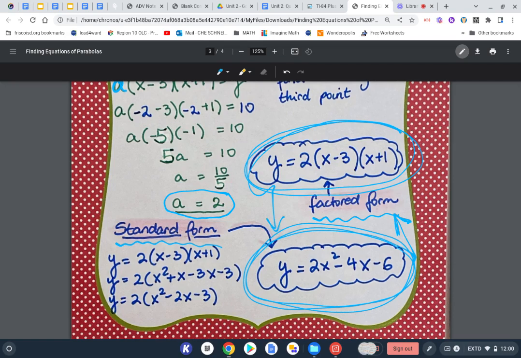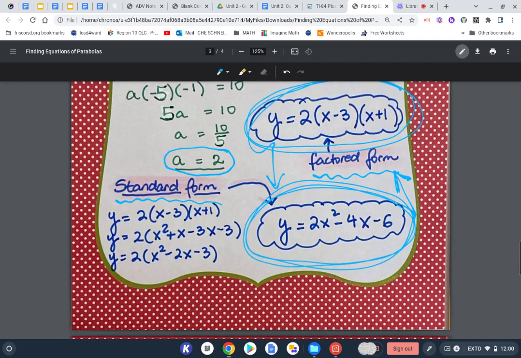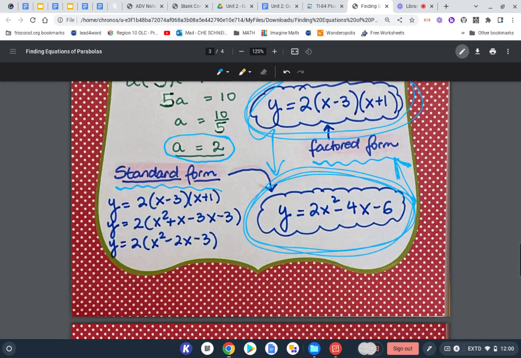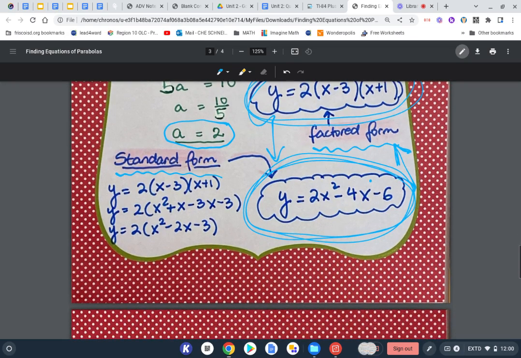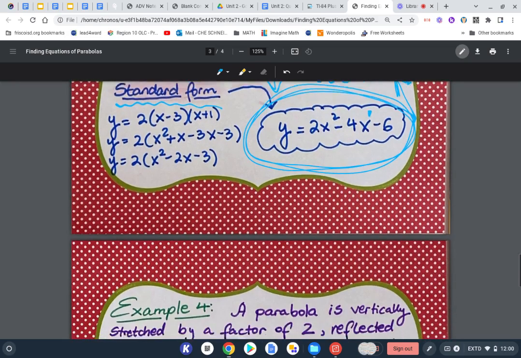Make sure that that cycle is in place, FOIL to check at all times, distribute your outside factor to get the standard form. The standard form is to be written in descending order, meaning x squared and its coefficient come first, and then based on your exponents, there you go, x to the power of 1 is next, and so on. That much for this example.